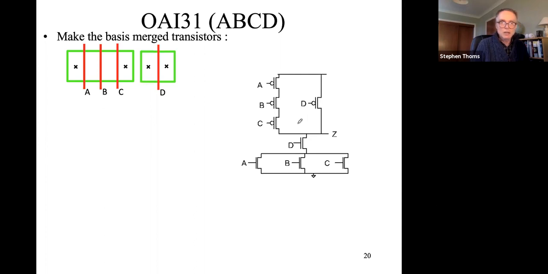So as far as the PMOS is concerned, we can say, well, these are in series. So we've got A, B, C, and we don't need to make separate transistors. They're all in the same region here of active material, and I've made D in a different area of active with its connections here and here.